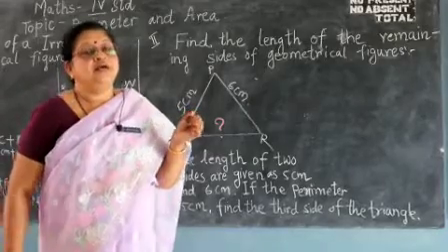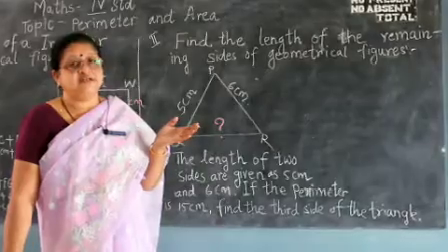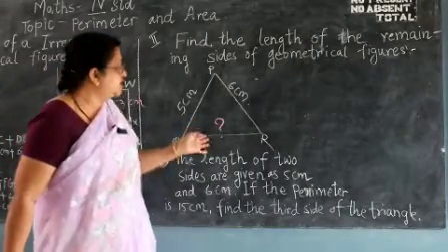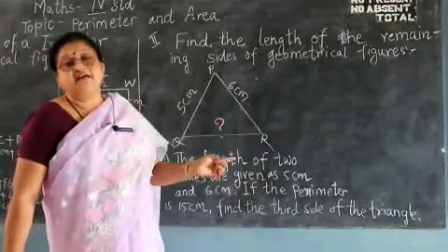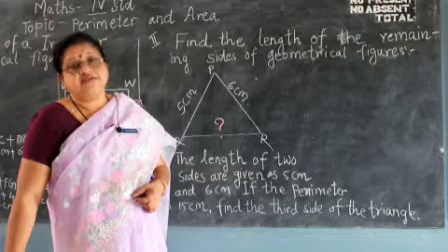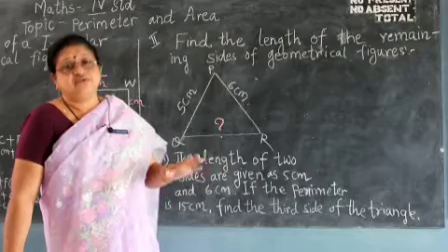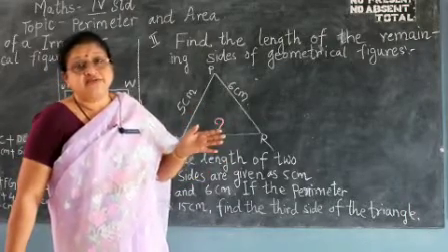You have studied the formula, that is, the unit of area is square unit, and the formula we are using is, for the rectangle, length into breadth, and for the square we use side into side. Okay, so length into breadth gives you the area for the rectangle, and for the square side into side.